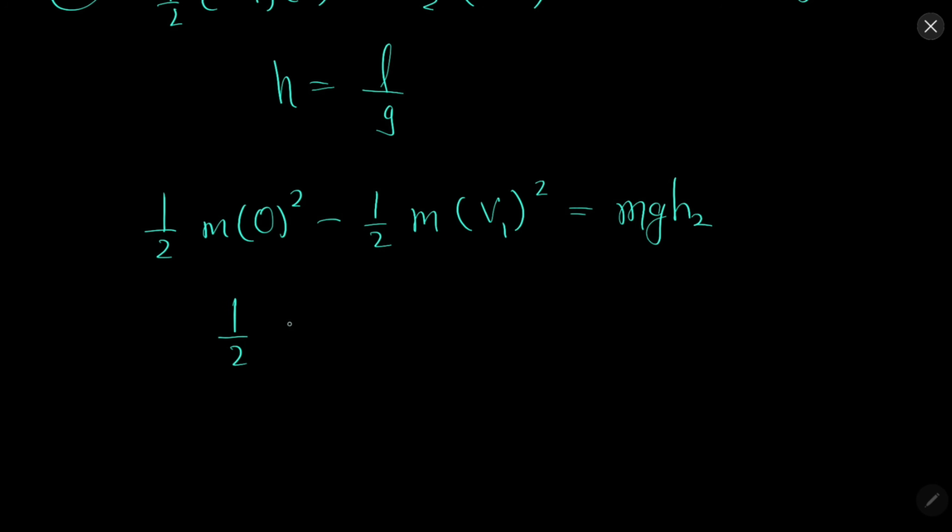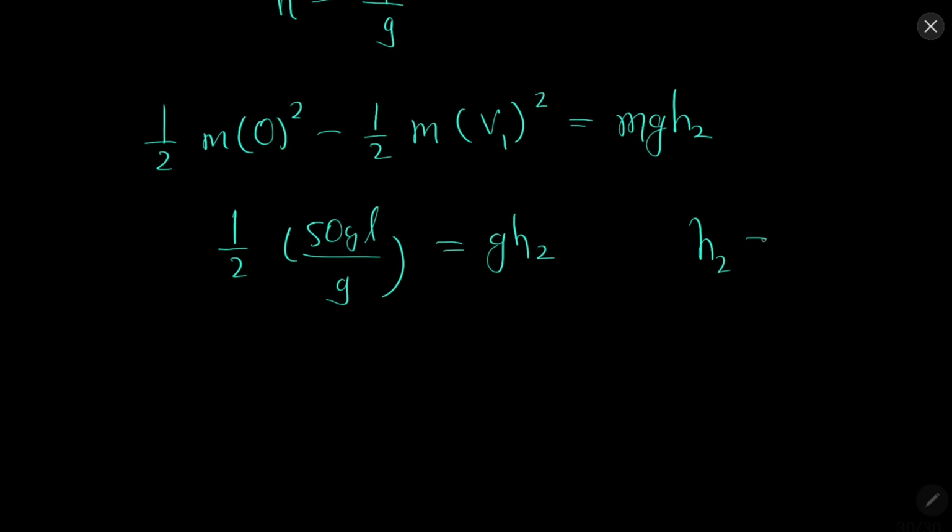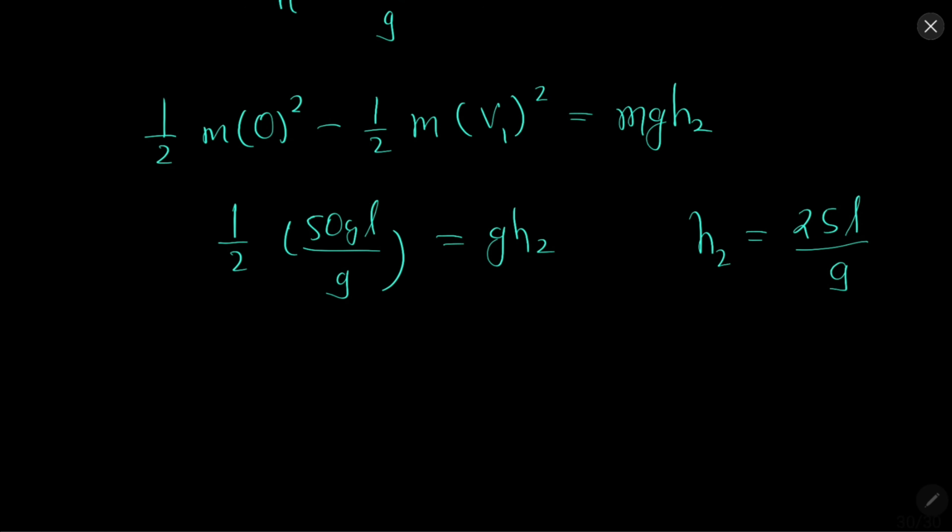So this we will have 50gl over 9 equal to gh2. So h2 will be 25L over 9.